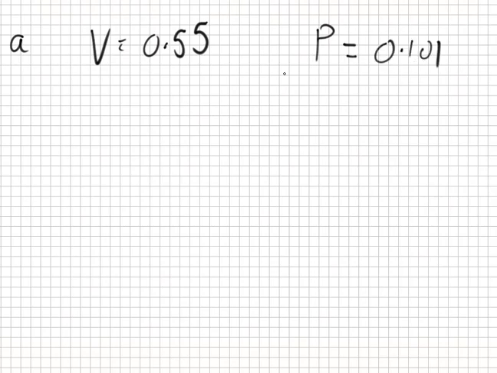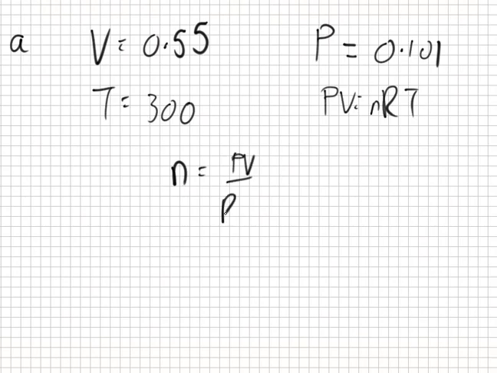The temperature is 300 Kelvin. How many moles are in this? Good old PV equals nRT. So n is PV over RT.